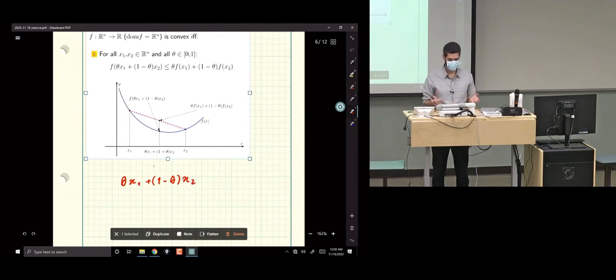So this is really interpolating between x1 and x2. It forms a line segment.